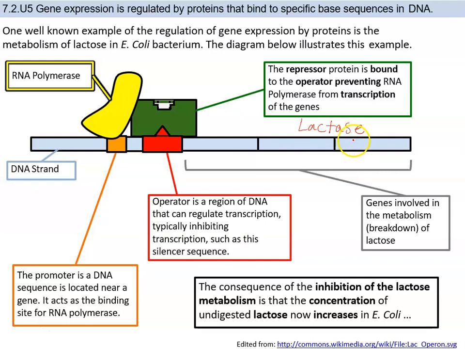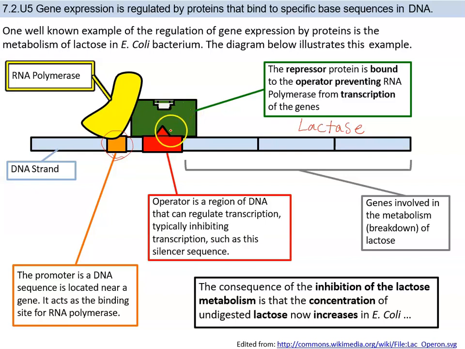The regulation of this gene is controlled by a repressor protein, and this repressor protein is bound to the operator. Once the repressor is bound to the operator, it doesn't allow gene expression to happen. Here is the place of RNA polymerase, which already recognizes the promoter and is ready for gene expression, but something doesn't allow it, and that's the repressor.